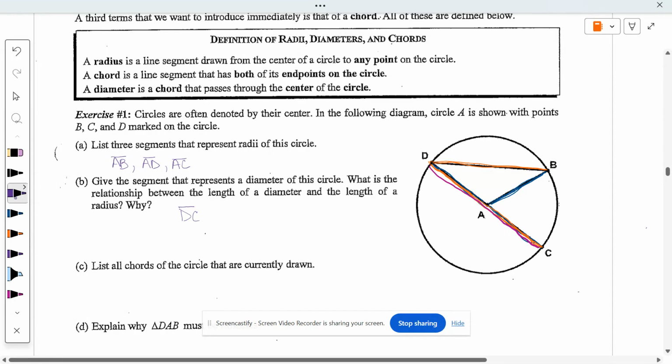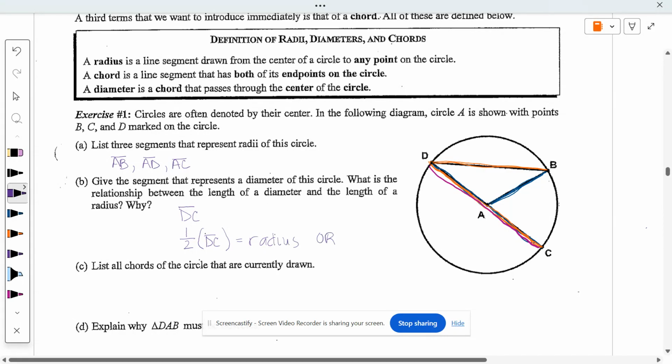What is the relationship between the length of the diameter and the length of the radius? Well, half of segment DC equals the radius.